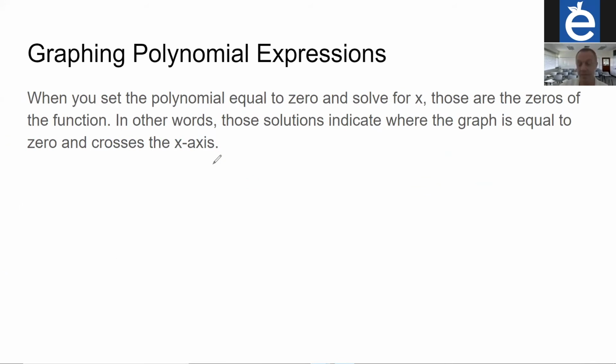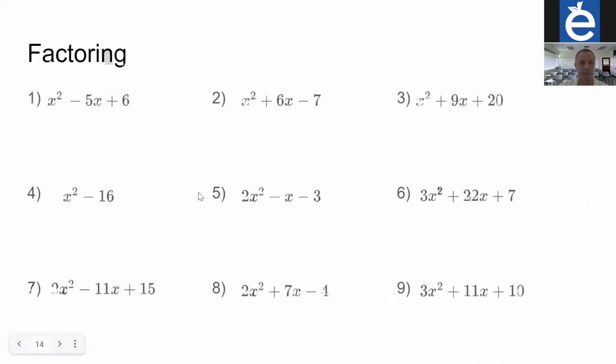I think this is an important concept, and it's helpful for students to understand that. So then we might talk about factoring, right? So how do we factor? Again, these basic quadratics: what two numbers multiply to be that constant, that positive 6, and add to be this middle coefficient, the negative 5.